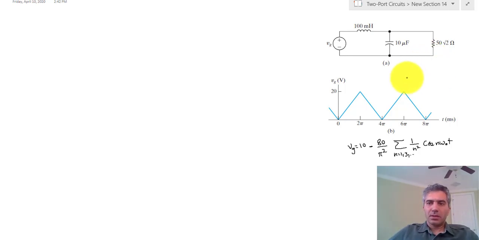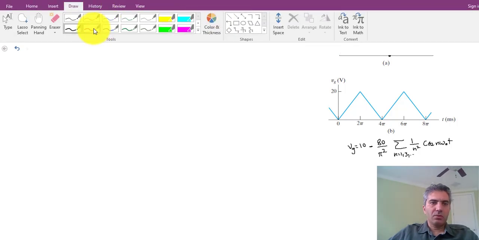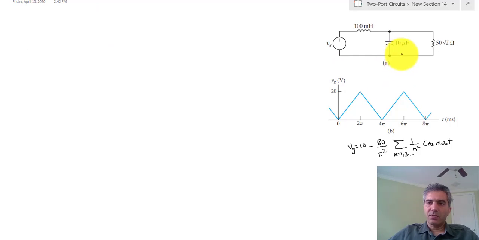Okay, so let's start and find the voltage here. We're going to find the response of the circuit, or output of the circuit, to a sinusoidal input. One of the ways that we know how to do that now is to find the transfer function from this voltage here to this input, and then go from there.